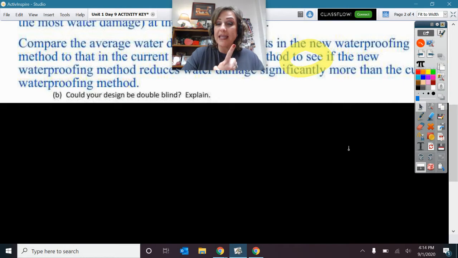But you have to do it in context. I don't think they require you to say how to do it. But I know you must communicate that you know the definition of what double blind is and in the context of the waterproofing method.